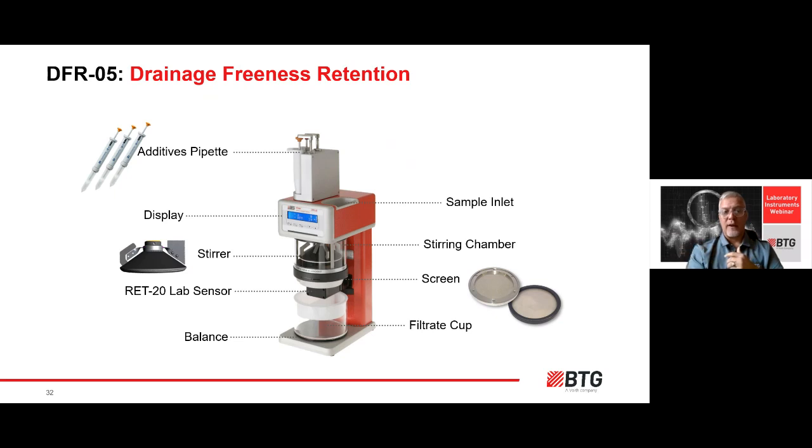We've got the screen options. We have a sensor out the bottom to look at the solids that are coming through, and the drainage rate is done across things where you're weighing things to the balance. So you can look at the speed of drainage, how long it takes to get the material out. You get more than just the time. You get a great deal of information to help discern the difference between a couple different additives that you're using.